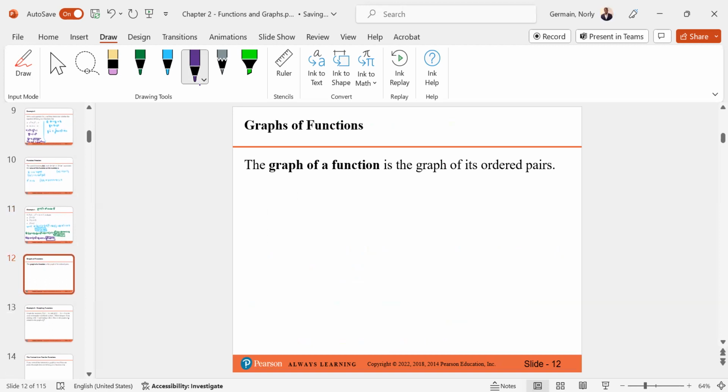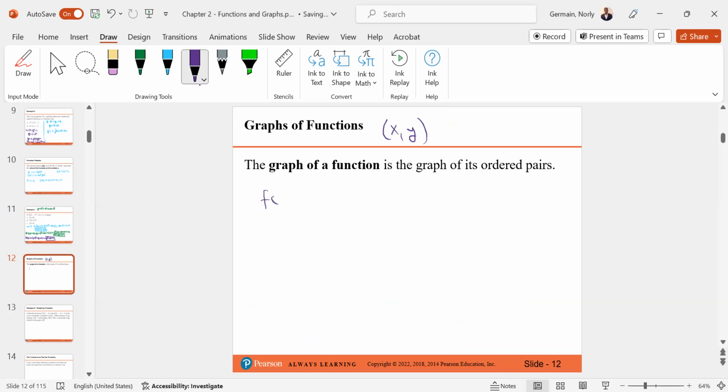Let's talk about the graph of a function. It's a little bit tricky when we talk about graphs. The graph of a function is a graph of its ordered pairs, right? That's the best thing we can say. For example, the graph of f of x equals 3x is the set of points x and y. Remember, the first coordinate is x and then y.